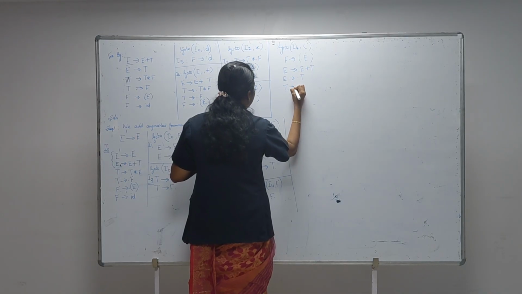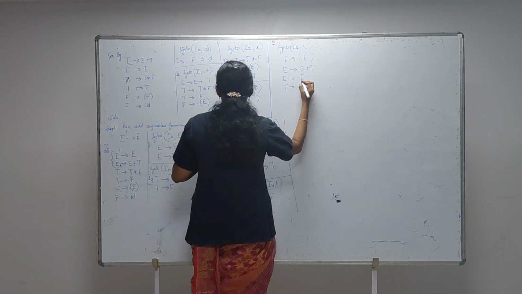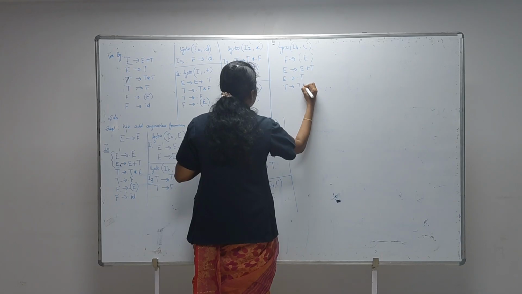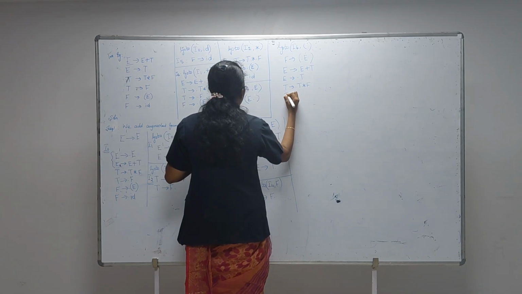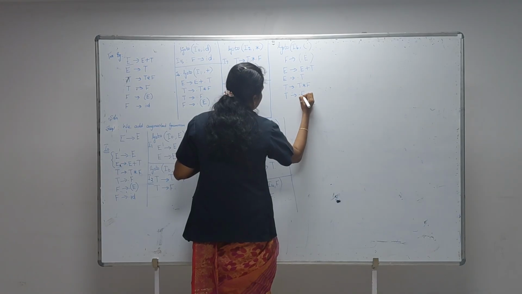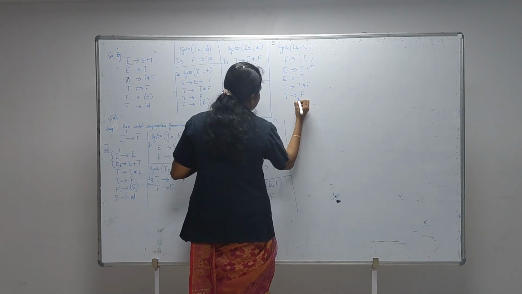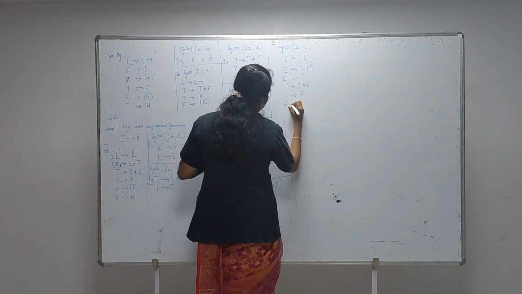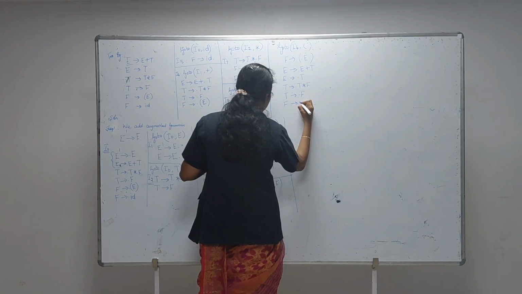T tends to dot T star F. Again we will be having the productions for non-terminal T. T tends to dot F. So this is also a non-terminal F, and we will be having the productions.